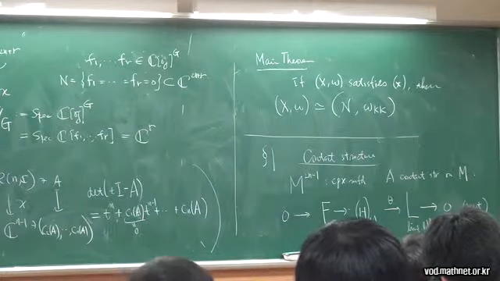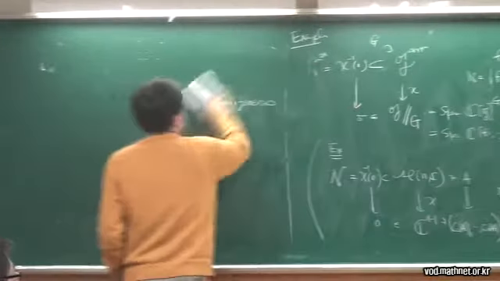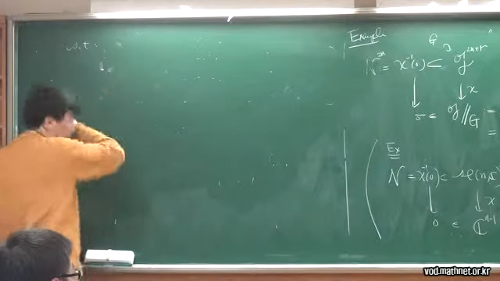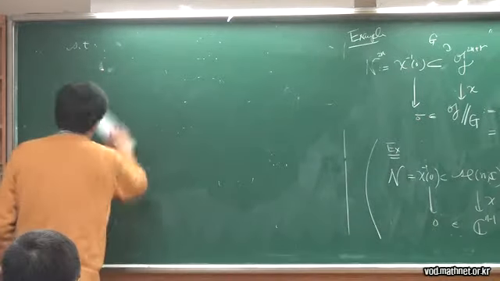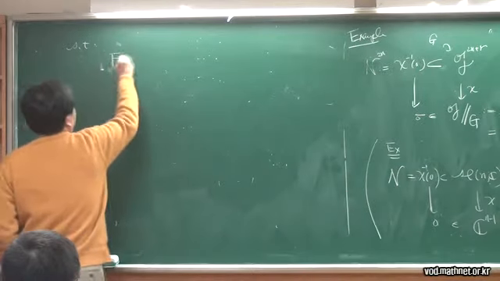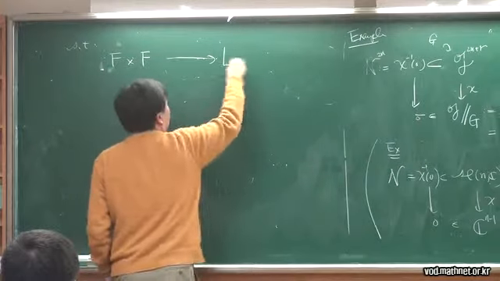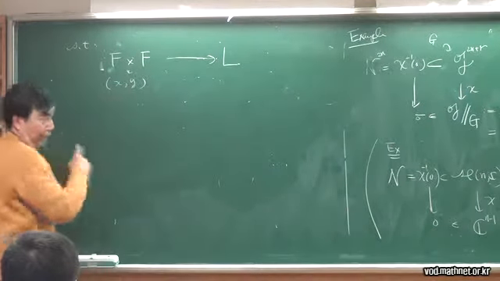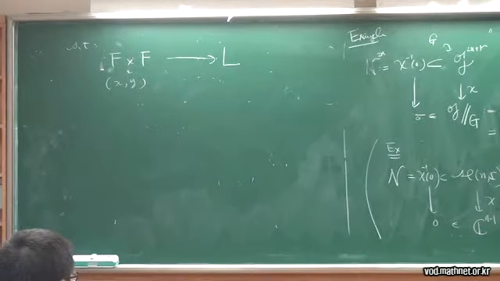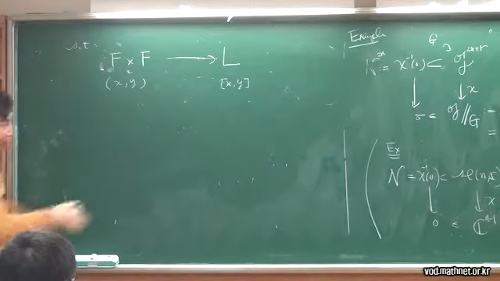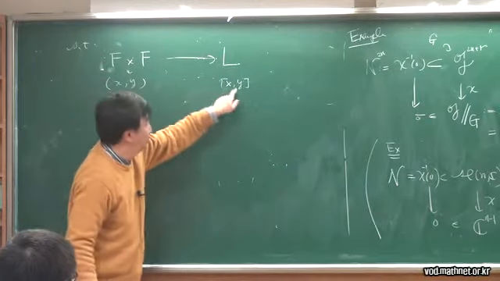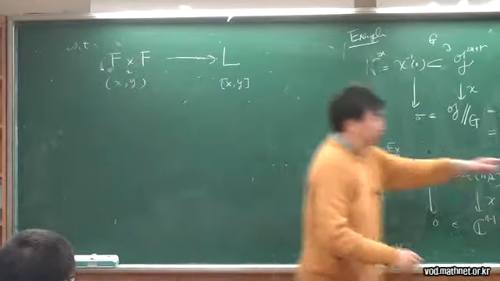Such that the following holds. You have a skew symmetric bilinear pairing induced by the exact sequence, from F times F to L. It is defined like this: x and y are local sections of this vector bundle, so they are regarded as vector fields on M. Take their Lie bracket, the bracket of vector fields, and you get a new vector field.